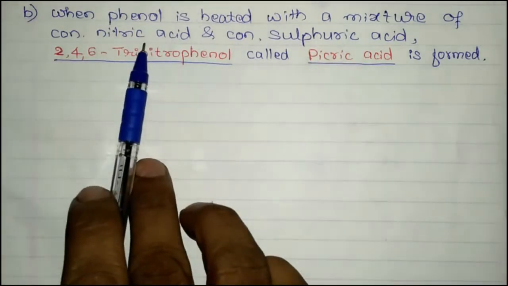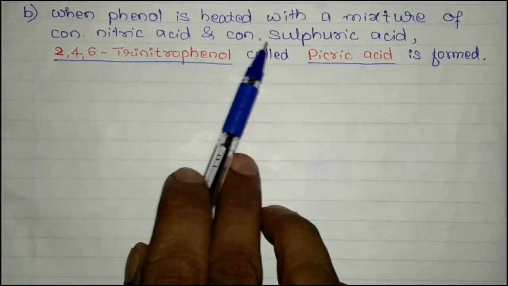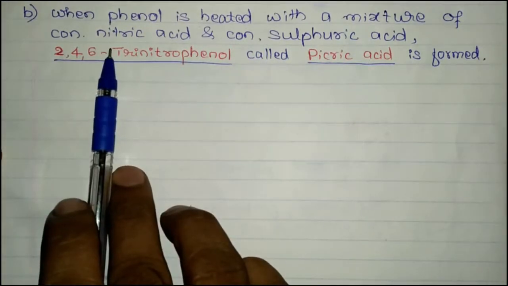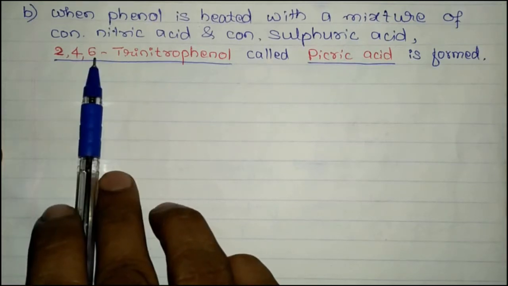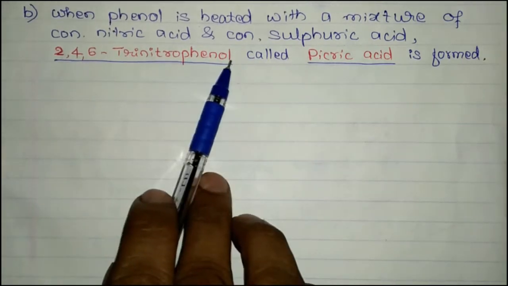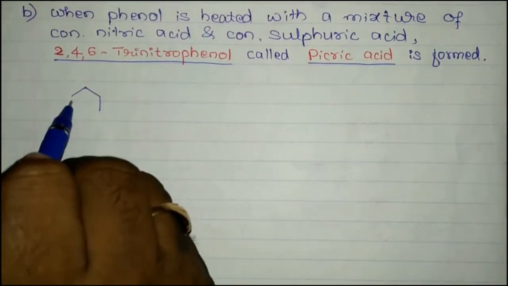If the nitrating mixture is used, all three positions in the benzene, that is 2 ortho and 1 para, the 2,4,6 positions, are occupied by NO2 groups, giving 2,4,6 trinitrophenol, called picric acid. This is the reaction.